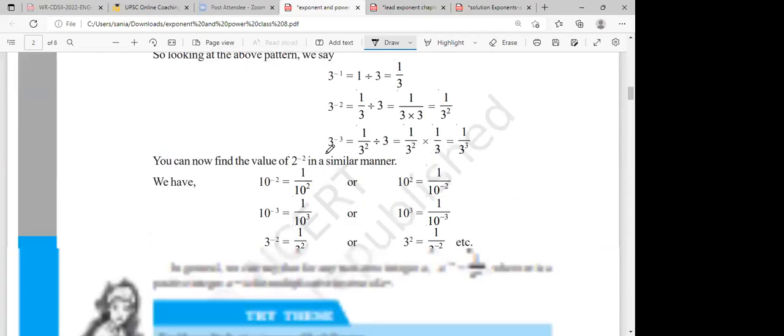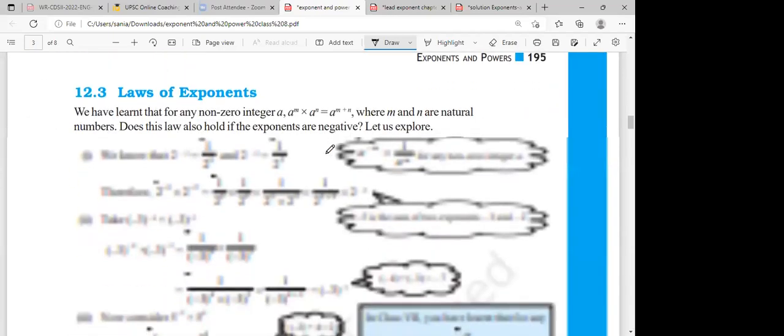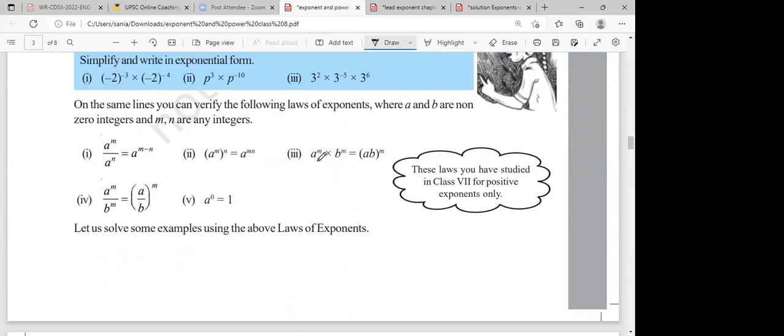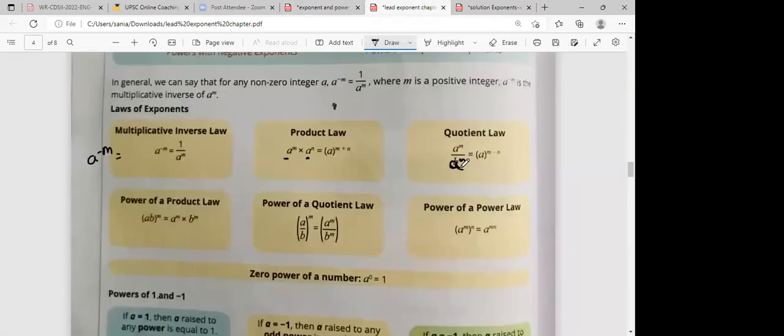See this one. If you have different bases, then you are going to keep it like this, and you are going to keep it like this. Over there it was a misprint. It is going to be a to the power n.